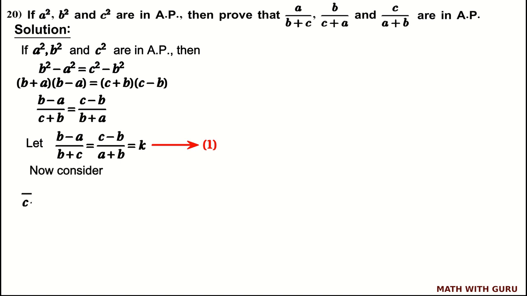Now, consider b over c plus a minus a over b plus c, second term minus the first term. Let us make the denominators equal. The LCM of the denominators is c plus a into b plus c.